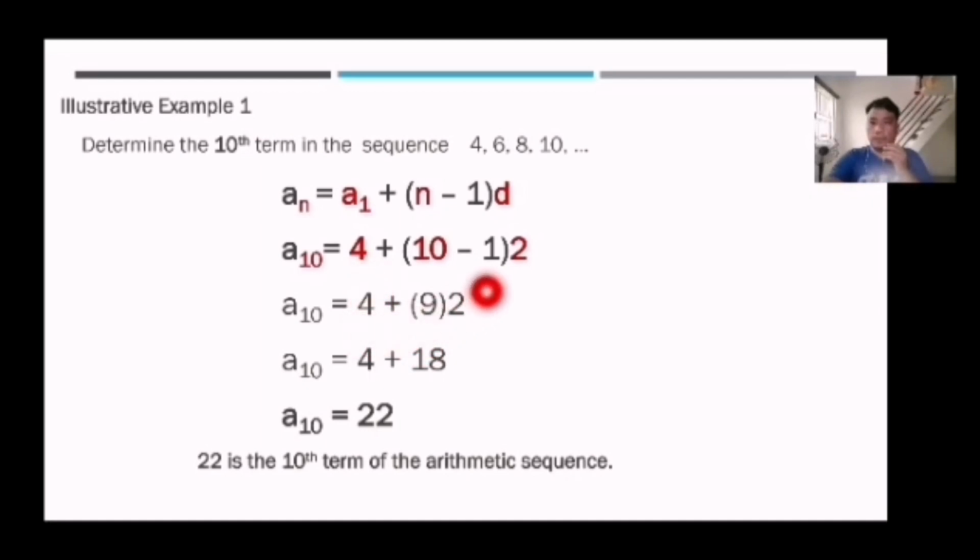Bring down 4, bring down 2. Next thing to do is multiply. 9 times 2 is 18. Bring down 4. 4 plus 18 is equal to 22. So we can say that 22 is the 10th term of the arithmetic sequence 4, 6, 8, and 10.